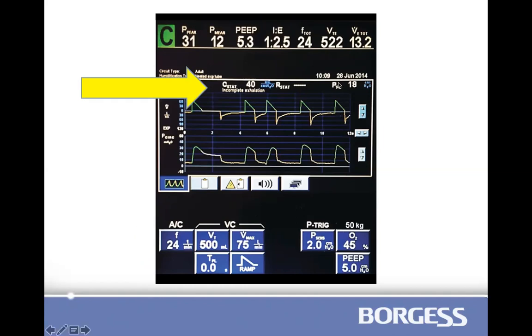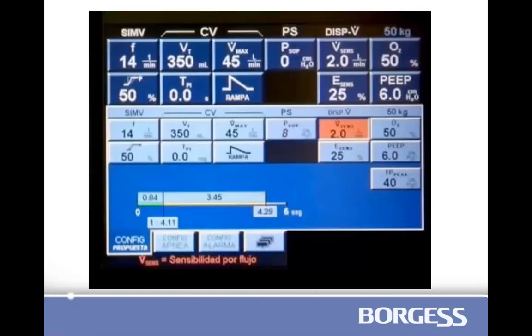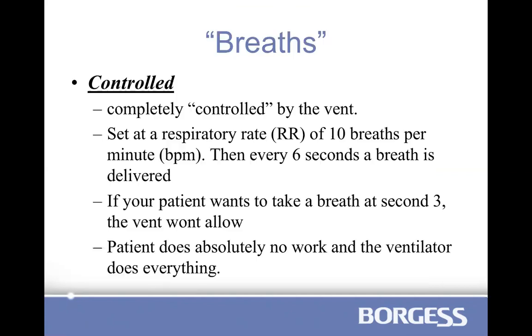So as you can see here, it says PPL, that is your plateau pressure, and your compliance of 40, okay? So just all things to consider. Again, another view of the screen of somebody changing the I:E time, just so everyone understands what we're working with. Okay, back to the types of breaths.